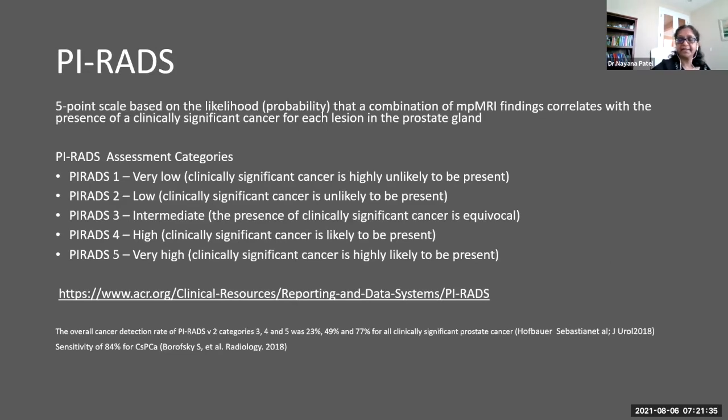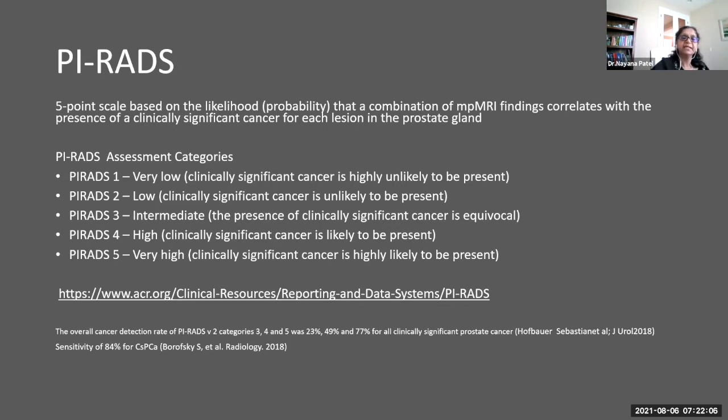So what is PI-RADS? PI-RADS refers to the Prostate Imaging Reporting and Data System. The concept is similar to the BI-RADS that we use for breast cancer diagnosis. It is a 5-point scale based on the likelihood that a combination of multiparametric MRI findings correlates with the presence of clinically significant cancer in the prostate gland.